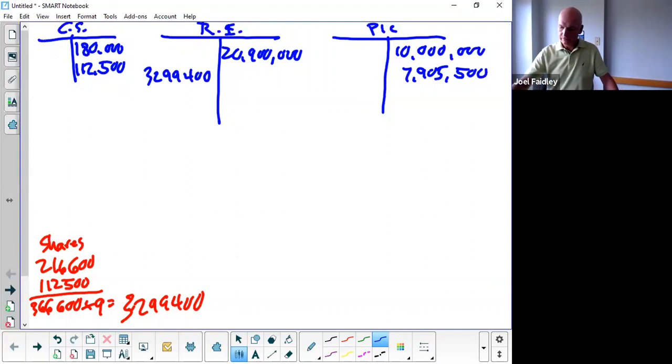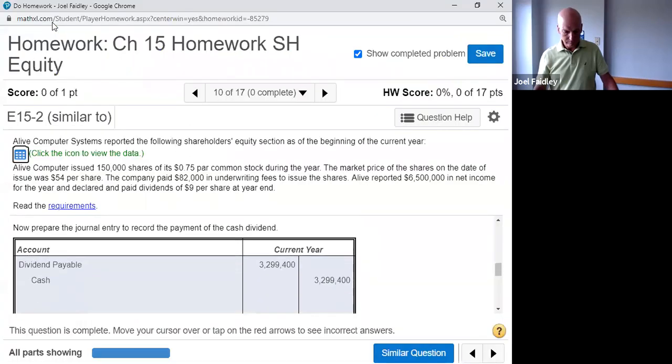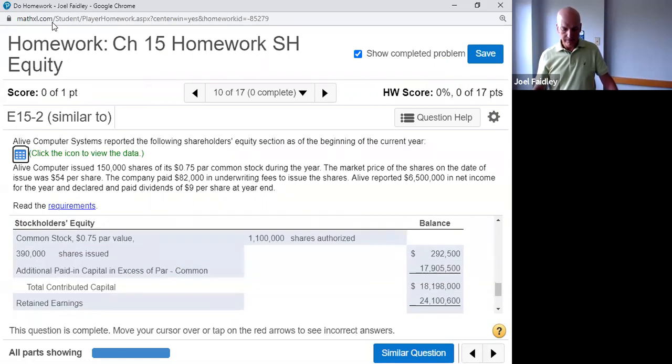Dividends common, reduction of retained earnings. And then there's the payment, which reduces dividends payable to zero. I didn't do a T account for that because that's not necessary. And so now we need to put our statement of stockholders' equity together.